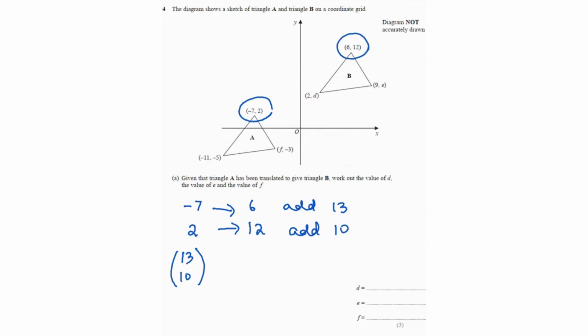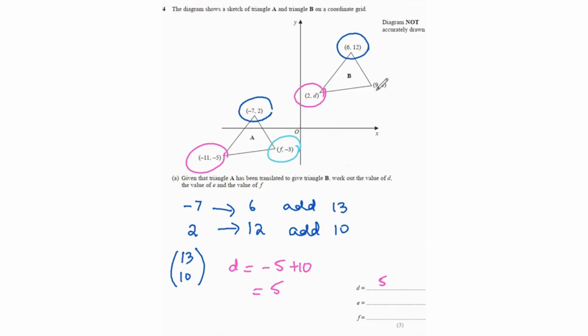So now let's pick the other point. If I pick this point, -11 becomes 2, so we added 13. That's correct. And for D, we're going to do -5 plus 10, and that's 5. So D is 5. Then for this one, F, -3, and 9.